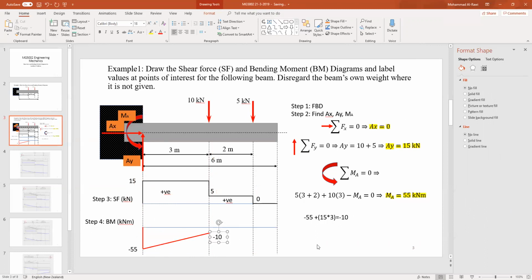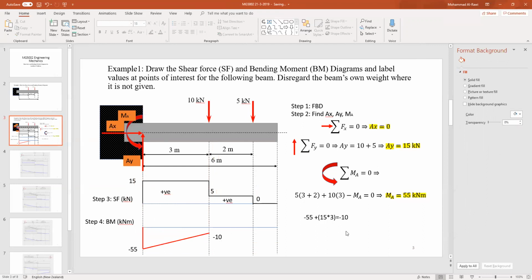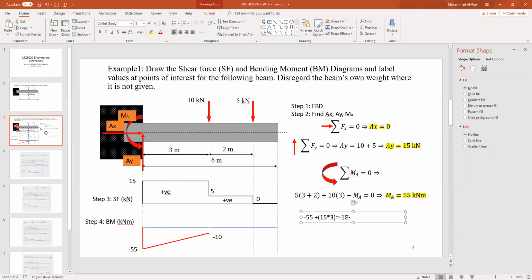And then we're moving as a positive, so we go back and write the equation again based on what we learned. Minus 10 plus the area of that rectangle, which is 5 times the value of 2 meters. That will give you minus 10 plus 10, which equals 0.